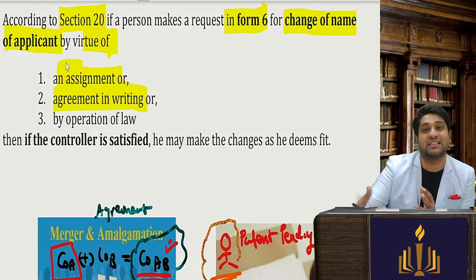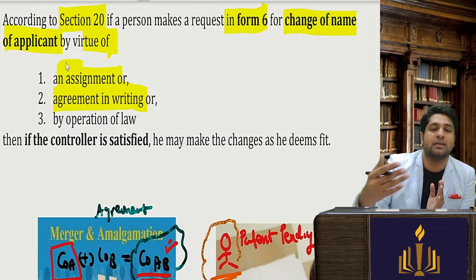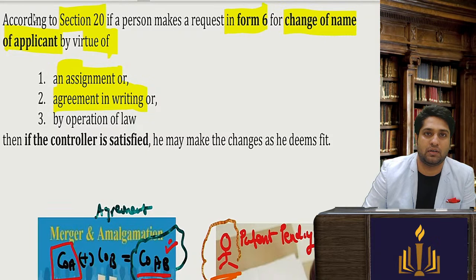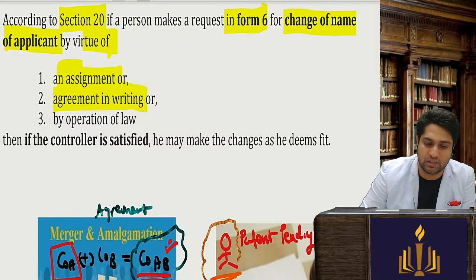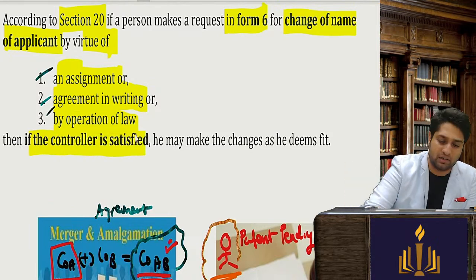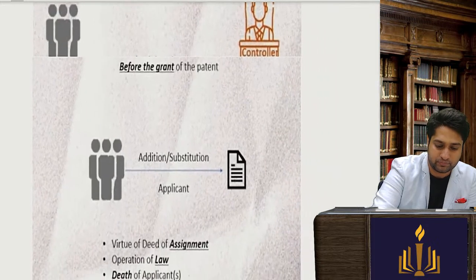So by way of an assignment, by way of a sale, that person will now be entitled to the invention in his name because the original inventor has assigned it or sold it to him. Okay. And the third is by death. We saw operation of law. And if the controller is satisfied, he will put the name of the claimant in the application.